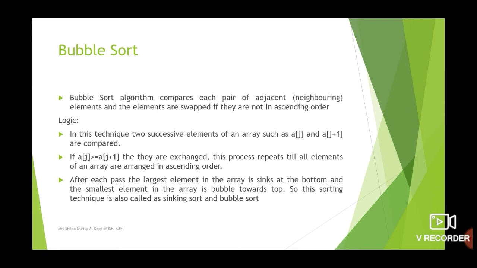Next, the second element is compared with the third element. Again, we are checking if the elements are sorted. If they are sorted, we will keep the elements in their position. Otherwise, we will swap the elements at the second and third positions. Likewise, this algorithm continues.